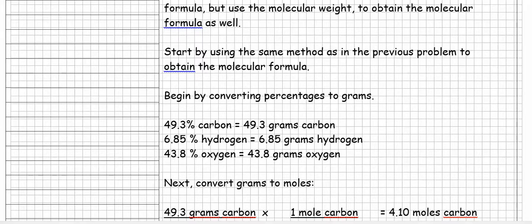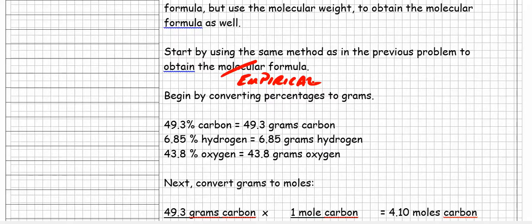Begin by converting percentages to grams. You know what? I'm sorry, this is a typo. This should be empirical formula. Let's change that. We want to determine the empirical formula. There we go. So begin by converting percentages to grams, right?